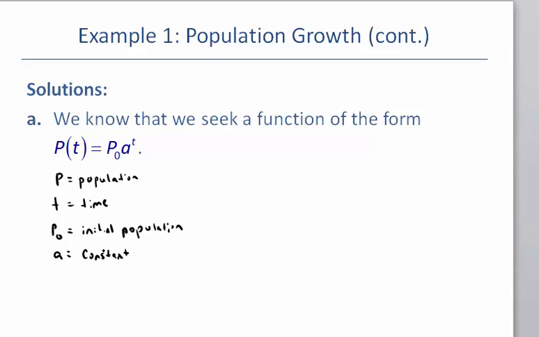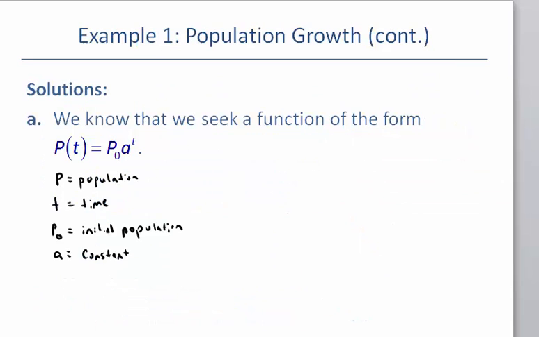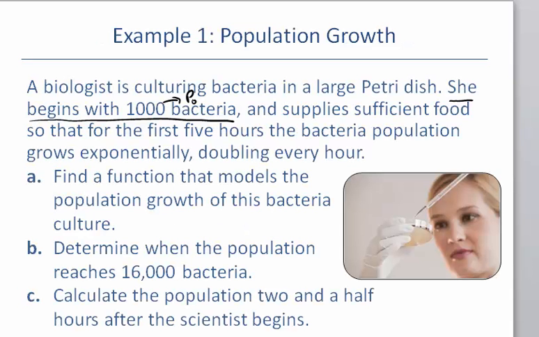We know in our problem that our initial population, it tells us she begins with 1,000 bacteria. So the 1,000 is our P sub 0. We also know that the population doubles every hour.